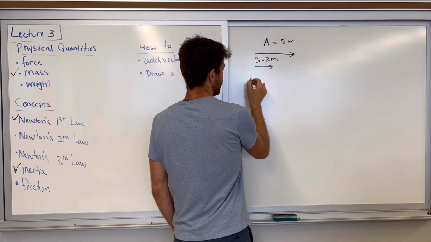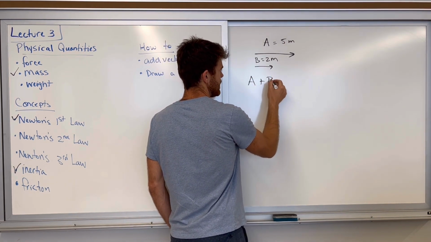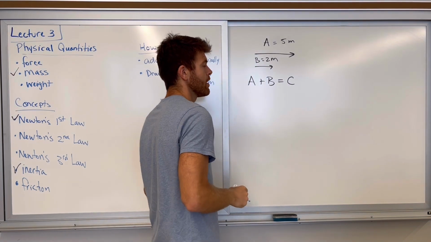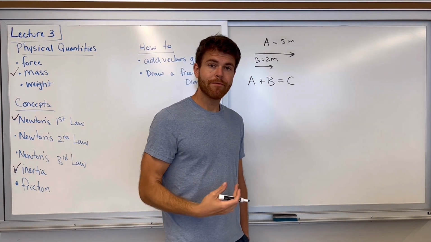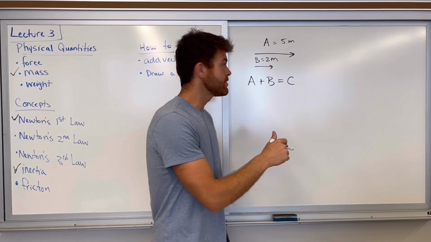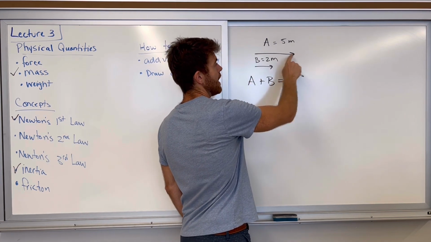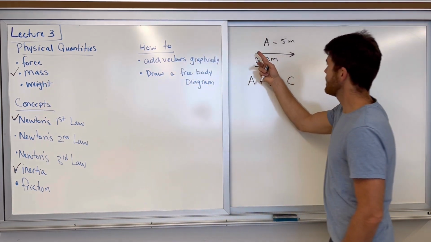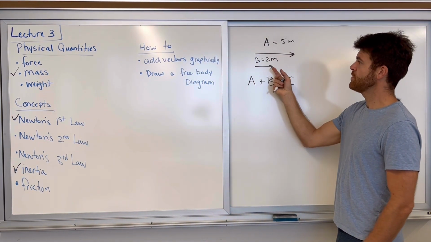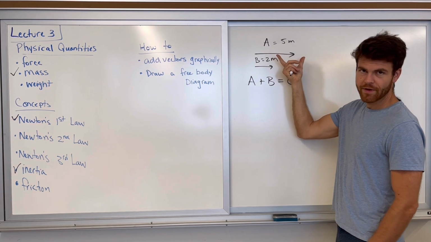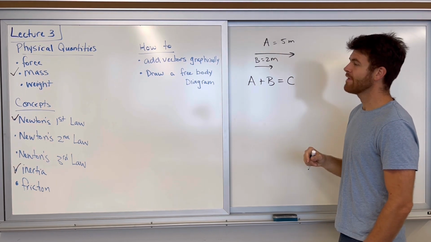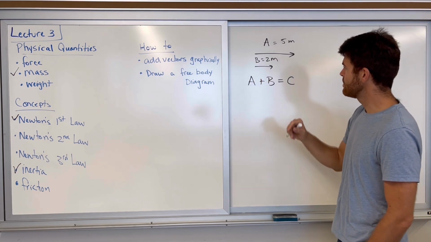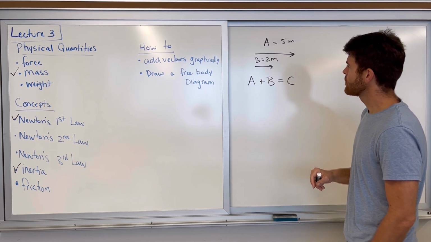Now we want to find a vector C that is the sum of vector A plus B. How we add vectors graphically is we draw the vectors where the length of the arrow is proportional to the magnitude. So you'll see that this is 5 meters and this is 2, so that's roughly 2/5 of the length of A. That's probably not exact, just my best eyeballing it.